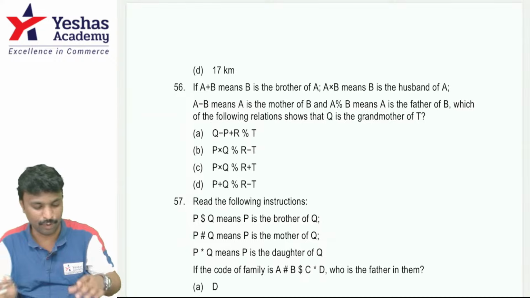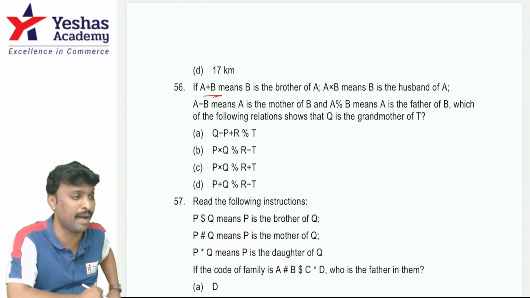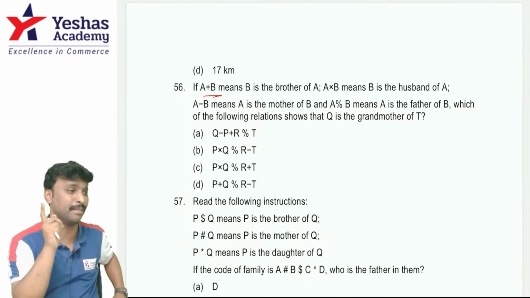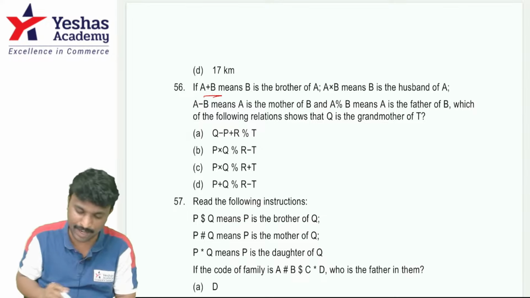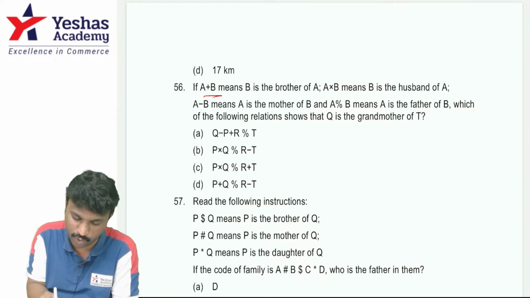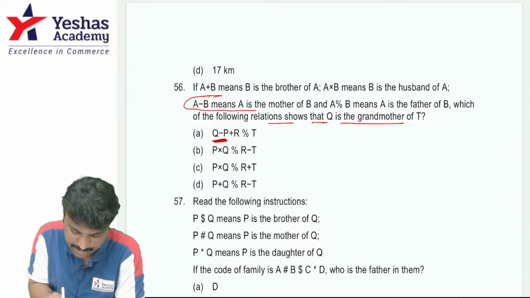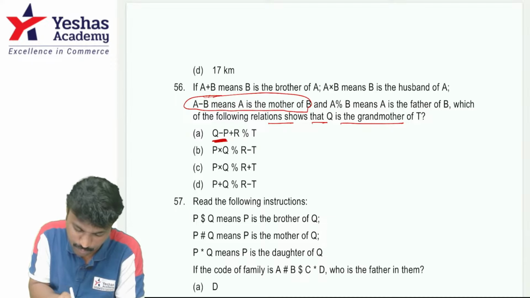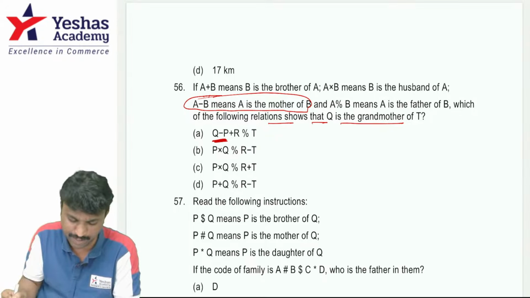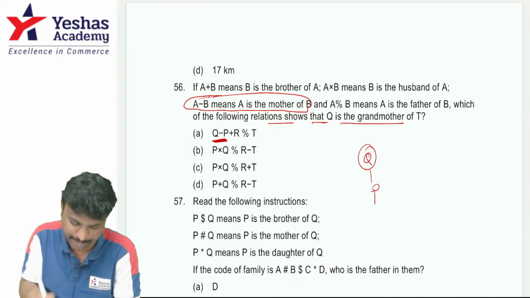Guys, I've told you how to solve the questions whenever the relationships are defined using symbols or signs. We have to read the last part of the question. What is it? Which of the following relationships shows that Q is a grandmother of T? Q must be a grandmother of T. So take two persons at a time. Q minus P. So minus means this statement we have to refer to. A minus B is A is a mother of B. Q minus P is Q is a mother of P. Is this clear?